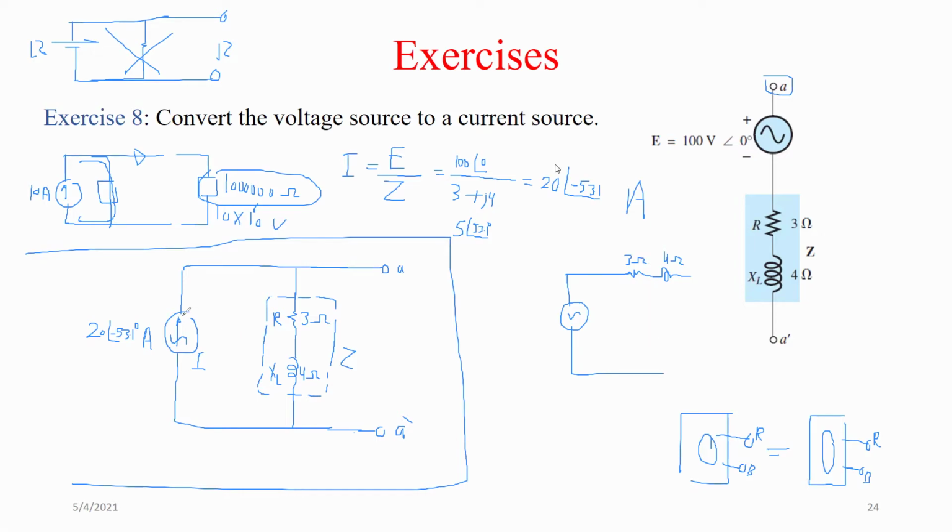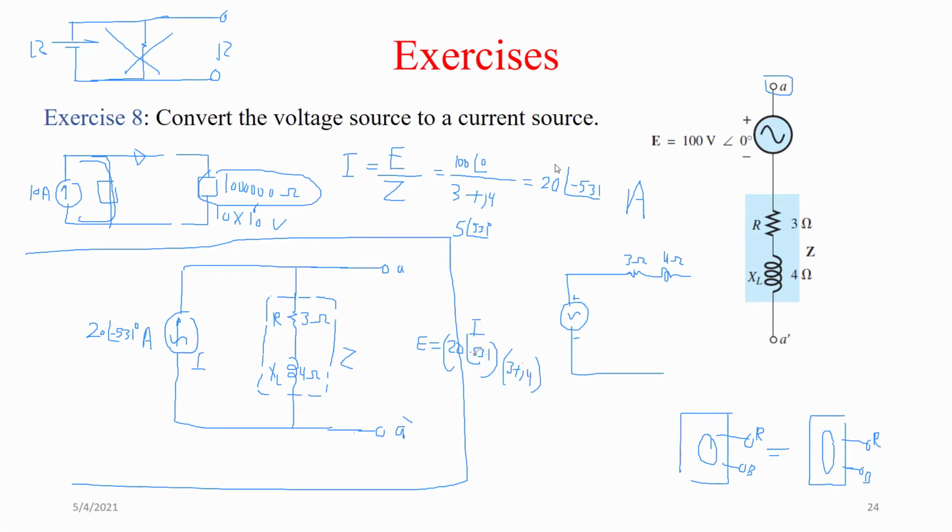Polarity according to the current: it's going up, so it's positive and negative. The voltage E is 20 angle minus 53.1, the current, multiplied by the impedance, which is 3 plus j4.